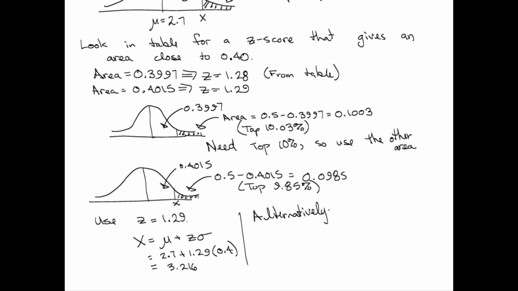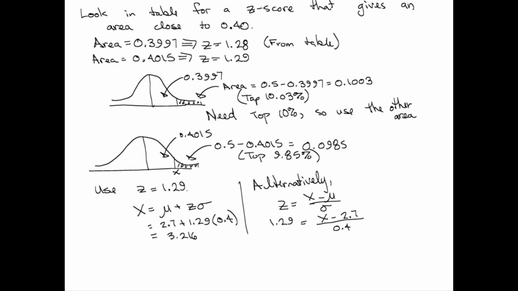Alternatively, if you didn't remember this, remember that your z is equal to x minus mu over sigma. So you could put it in here. You could do 1.29 is equal to x minus 2.7 all divided by 0.4. If we multiply both sides by 0.4, we're going to get x minus 2.7.